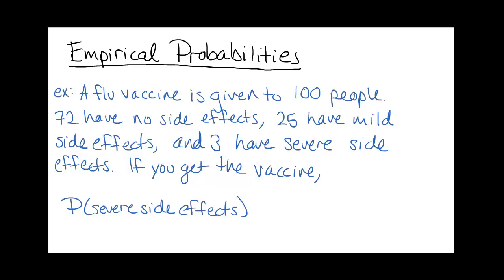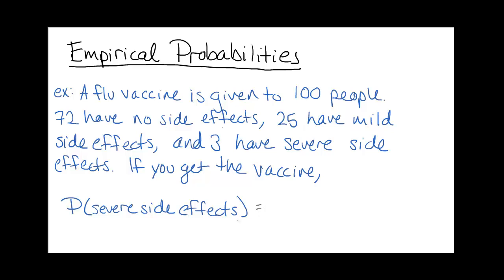In this case, we've got a flu vaccine that was given to 100 people, and then we have information about what kinds of side effects those people got. So either no side effects, mild side effects, or severe side effects. And our question asks, if you get the vaccine, what's the probability of having severe side effects?